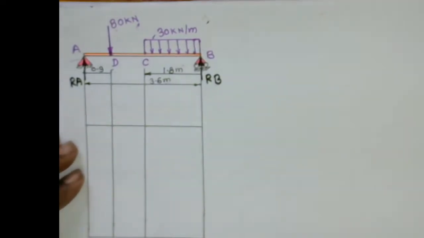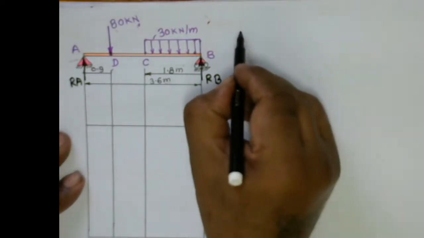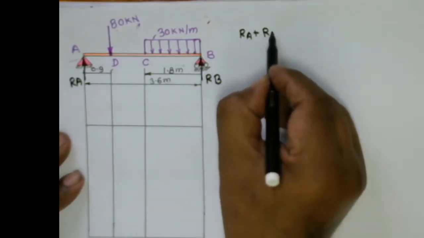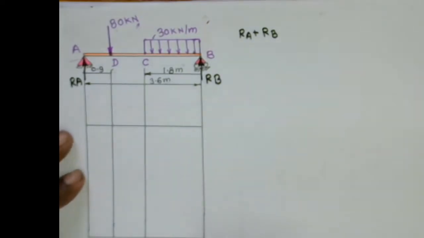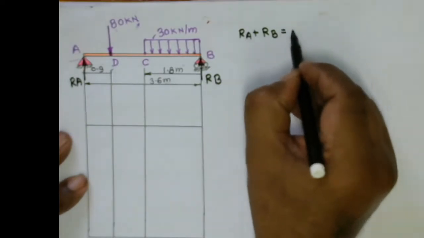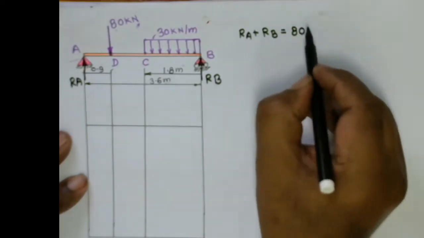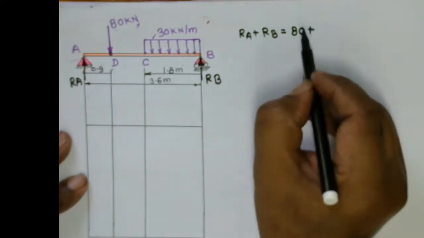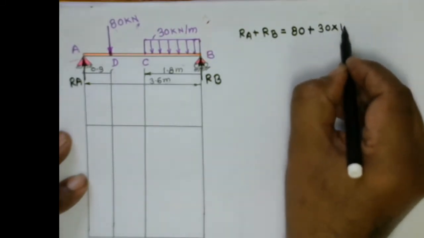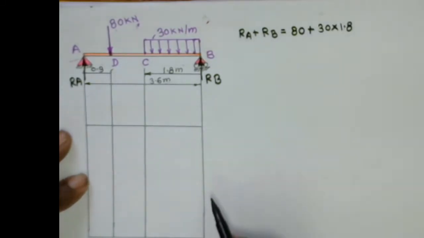Our first step: RA plus RB, upward forces equal downward forces, that is the second condition of static equilibrium. RA plus RB is equal to the point load 80 and the UDL, 30 into 1.8.